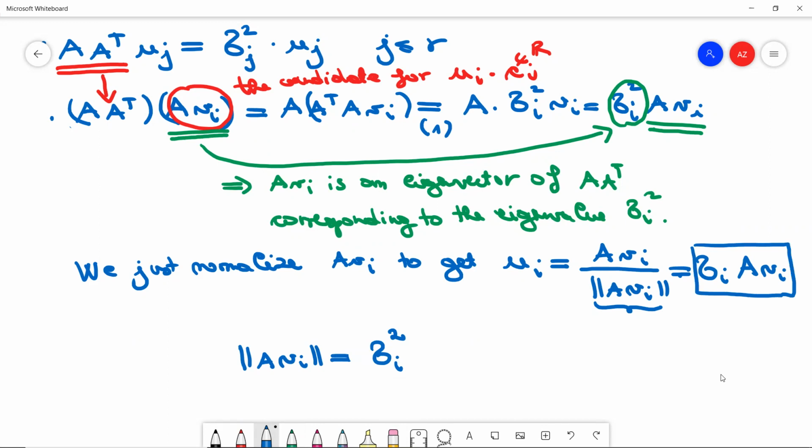The square of the norm is sigma I squared, which means the norm is sigma I.